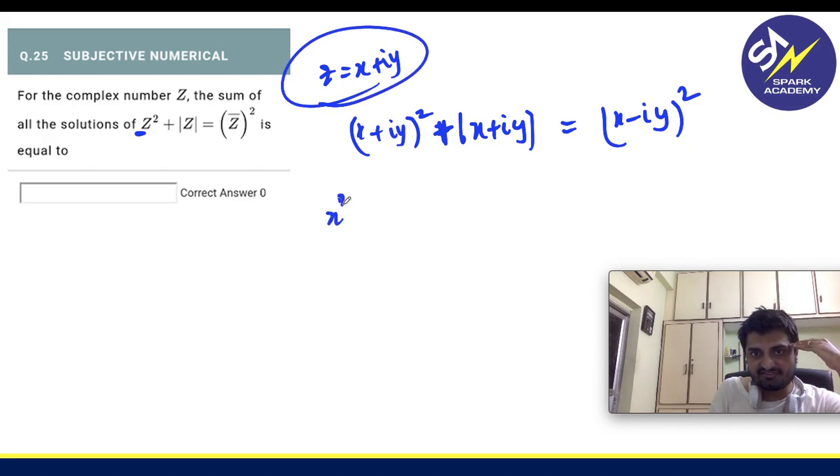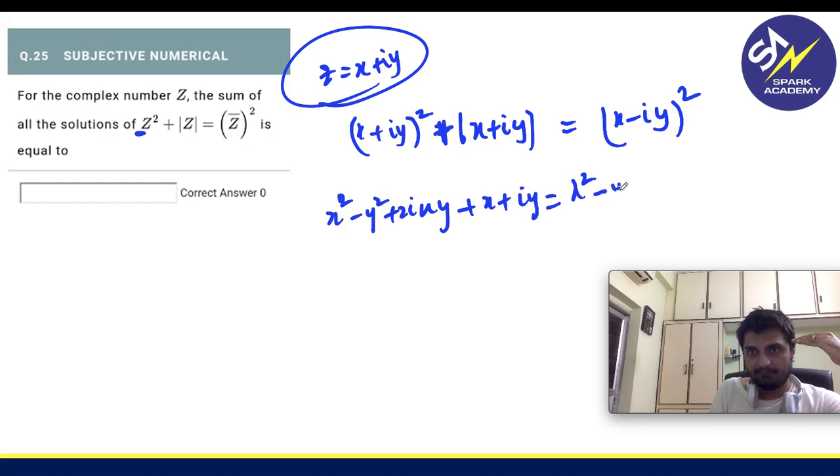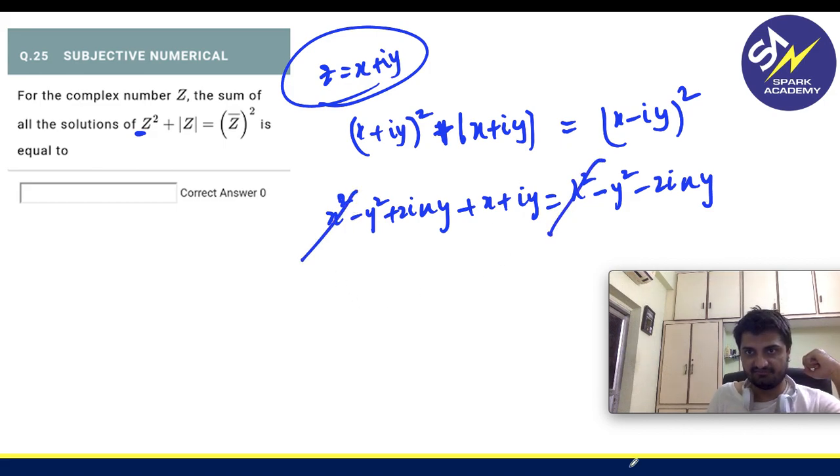Now solve this. This is like x square minus y square plus 2ixy. This is like plus x plus iy. This is like x square minus y square minus 2ixy. Correct? So what can I do? x square I can cancel it. Minus y square I can cancel it.